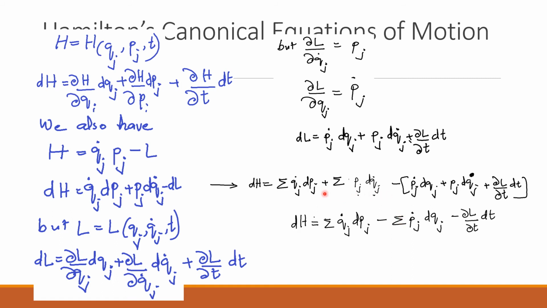Now sometimes terms get cancelled. Here there is a small error: it is Pj dQj dot that gets cancelled. So dH is equal to Qj dot dPj minus Pj dot dQj minus dou L by dou t dt. This term and this term cancelled.